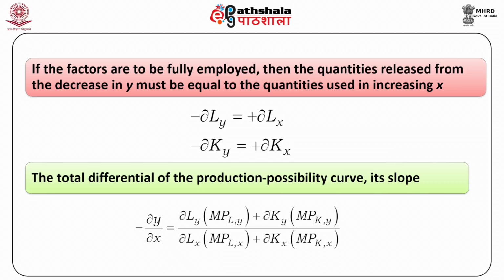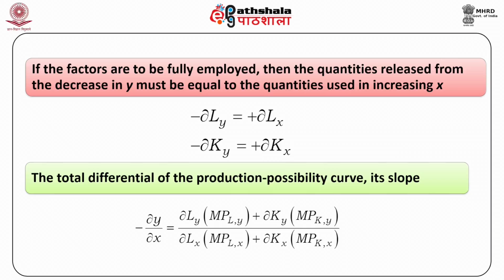So, if we have to put together this entire change which is taking place along the production possibility frontier from V prime to W prime, we would have to look at the total differentiation of the production possibility curve. So, the slope of the production possibility curve would now be del y upon del x. The change in y or the fall in y, we could call it minus because the slope is negative.